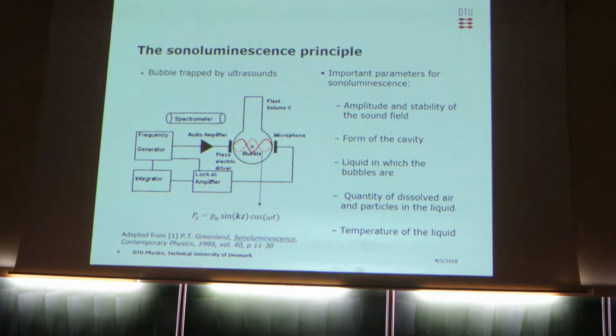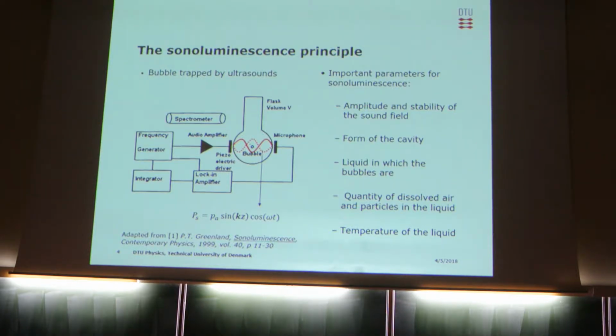So, the sonoluminescence principle. Here I've put a basic sketch of an experimental setup for sonoluminescence. We have a frequency generator and an amplifier that create a static sound wave in the middle.